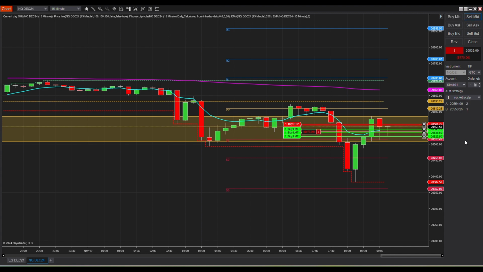Order filled. Scale in that trade. I'm going to leave those there. Target filled. If you're not comfortable using a full contract, you can go micros on these. I've got my stop right above this red candle. Target filled. Goes trying to make a move. Just gonna let this play out.